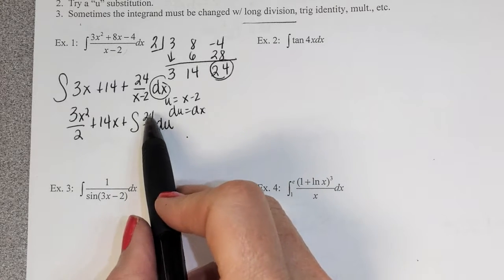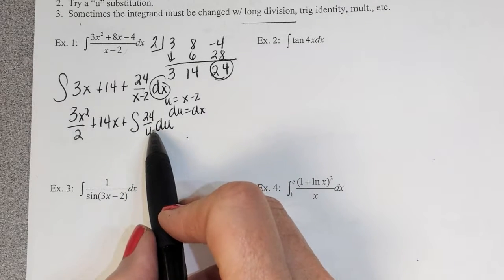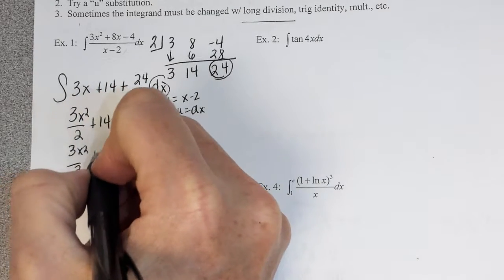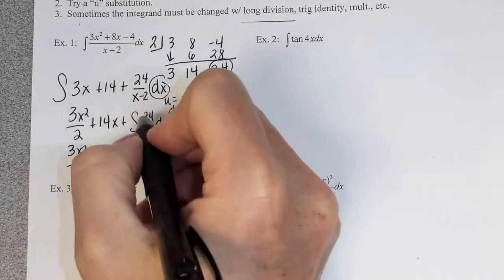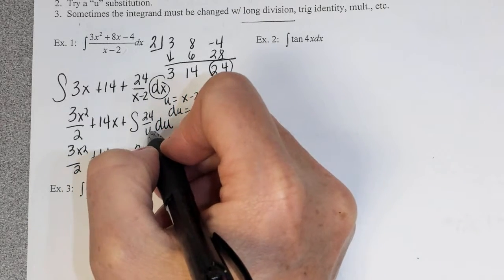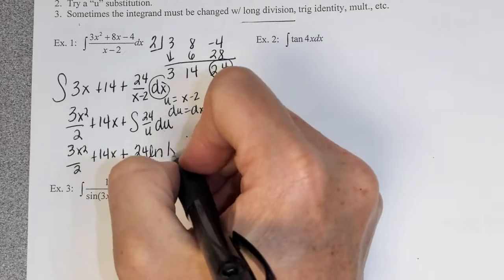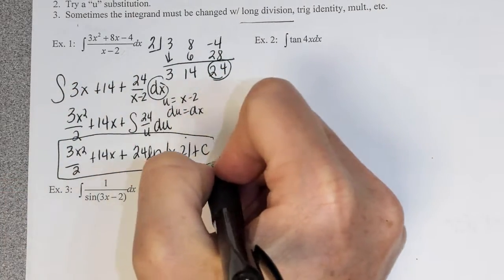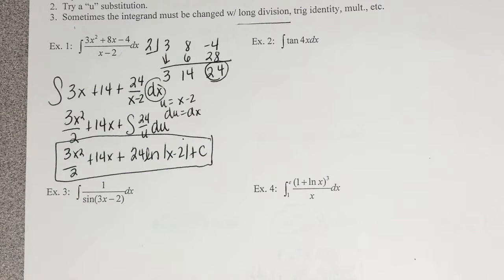Well, the integral of 1 over u is going to just be natural log. So we're going to have 3x squared over 2 plus 14x plus 24 natural log of u, but u was x minus 2. So that's going to be our final answer.